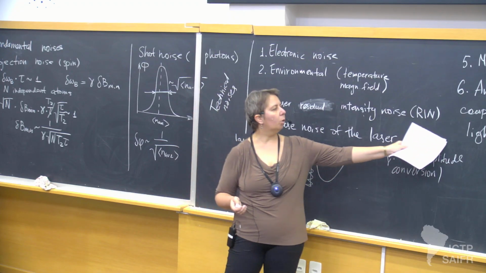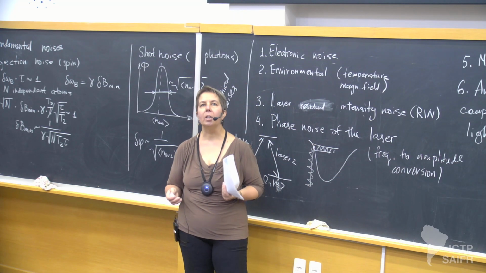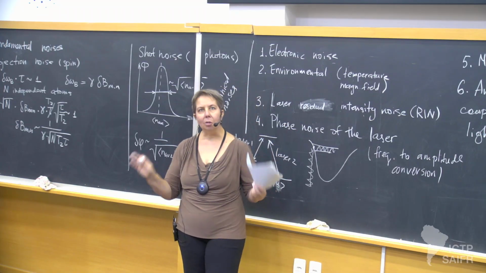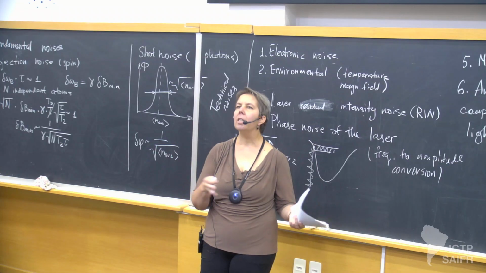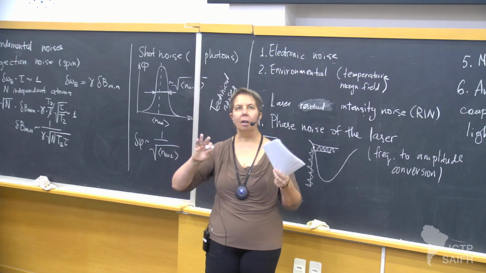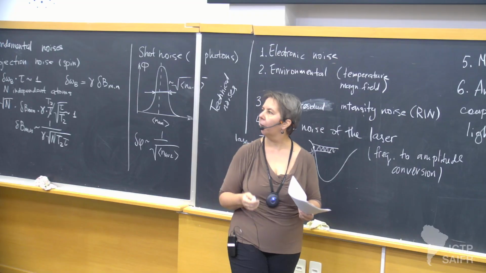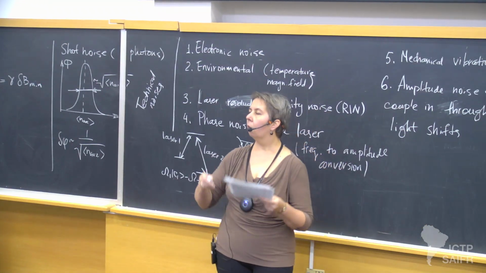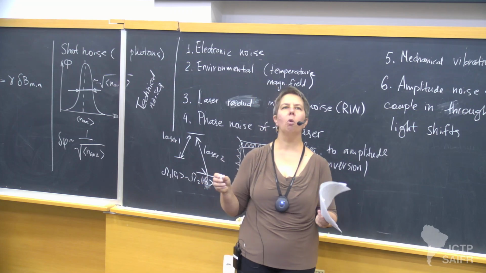That's why anybody who's trying to make sensors, we absolutely hate light shifts. And we're really working hard trying to minimize the effect, or making the measurements in a way where we cancel out the light shifts in the final results. Okay? All right, any more last call for noises?